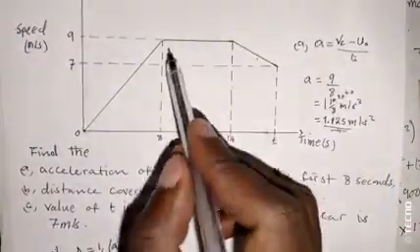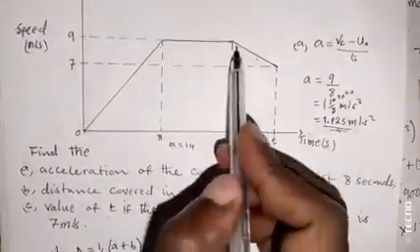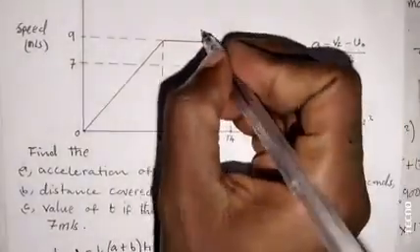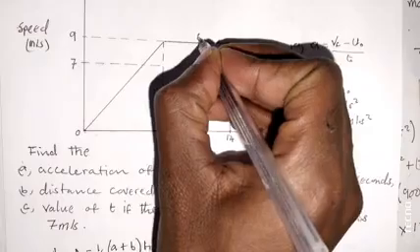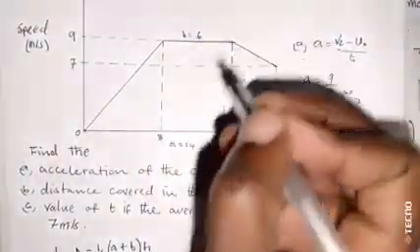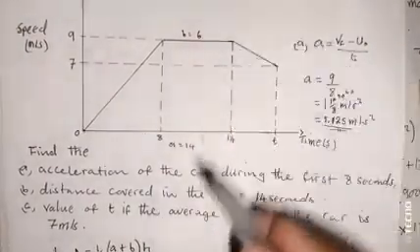Then we also have this distance from here up to there. We subtract 8 from 14, and we get 6. This side is 6, so b is equal to 6. The height here is 9.